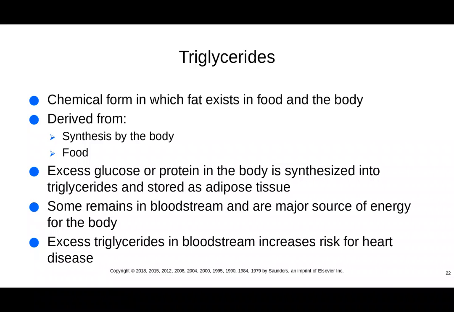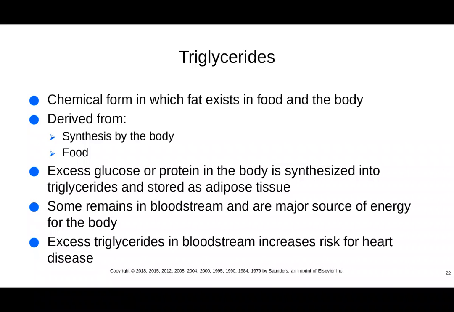Triglycerides: this is a chemical form in which fat exists in food and the body. And it's derived from the synthesis of the food by the body. So excess glucose or protein in the body is synthesized into triglycerides and then stored as adipose tissue.